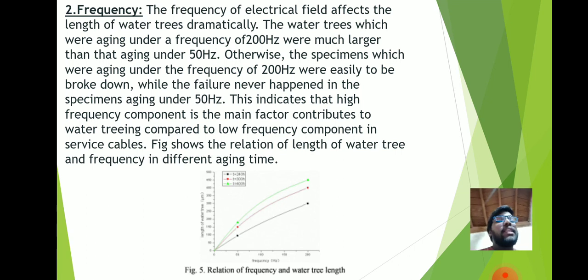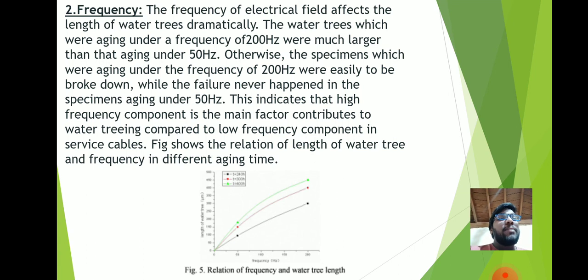The frequency of the electrical field affects the length of the water trees dramatically. The water trees aged under a frequency of 200 Hz were much larger than those aged under 15 Hz.